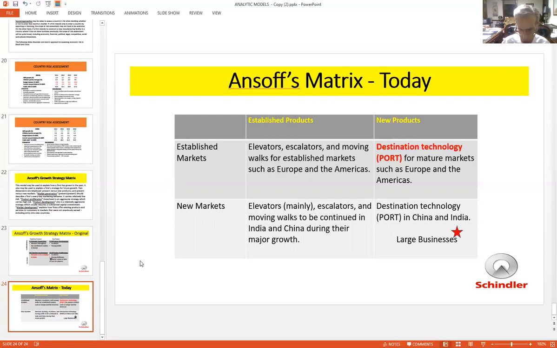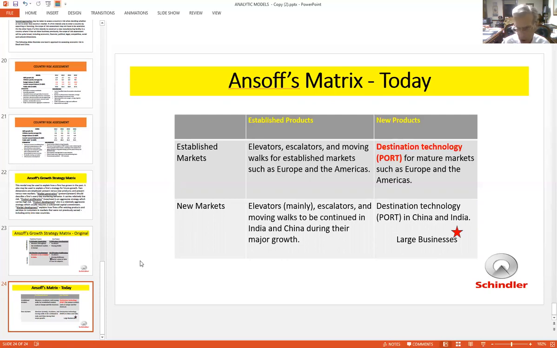It has moved into new countries with its established products, elevators, escalators, moving walkways in India and China.